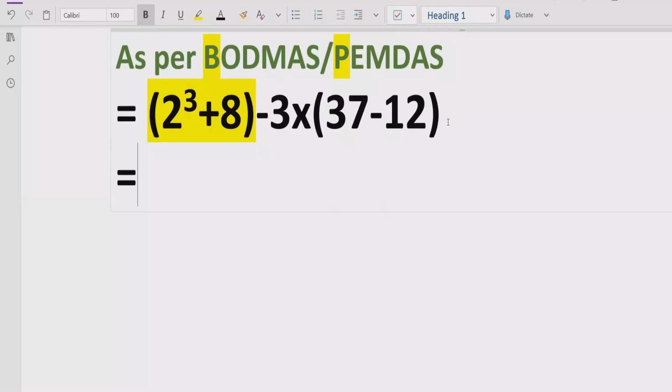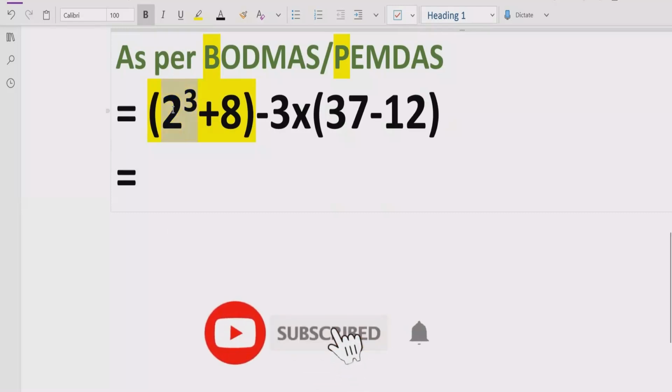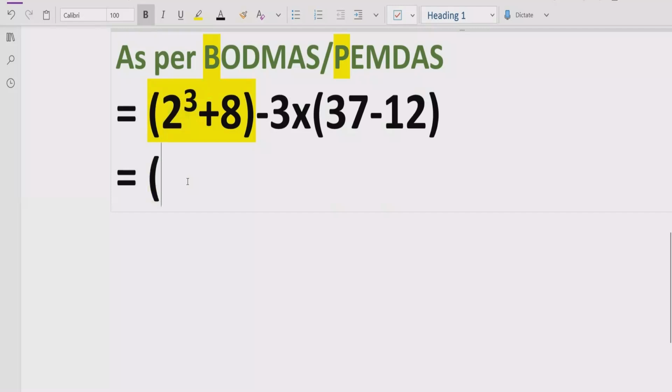Inside the first bracket, we have two terms which are 2 raised to power 3 and plus 8. So first we have to solve 2 raised to power 3, which means 2 multiplied by 2 multiplied by 2, which is equal to 8. So here we will write 8, and plus 8 we will write now as it is.